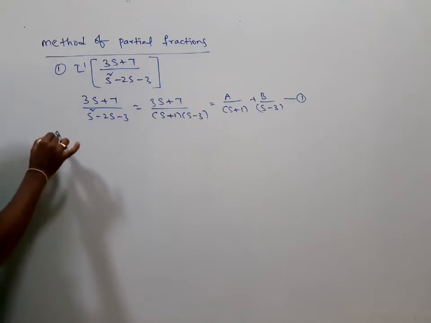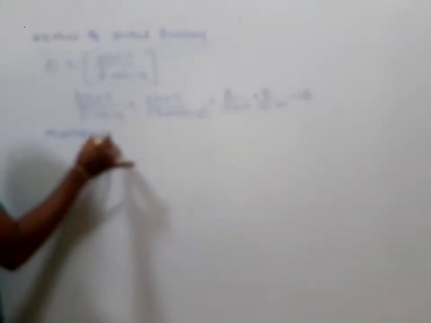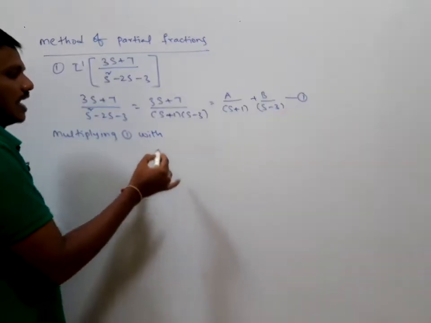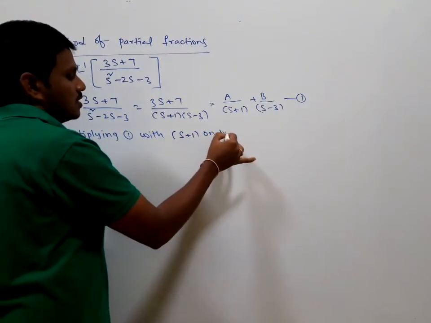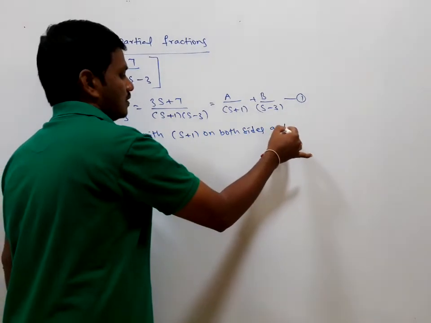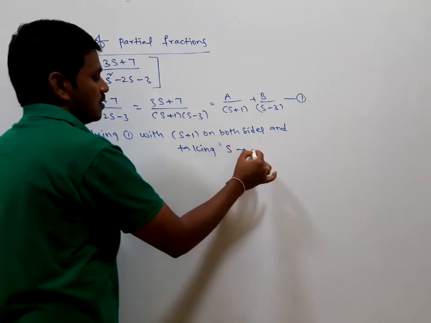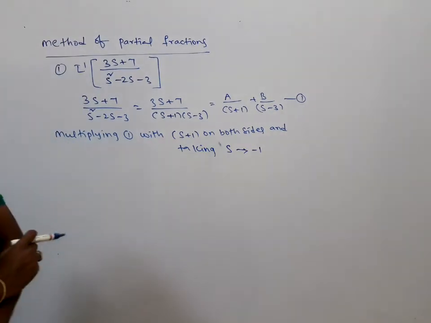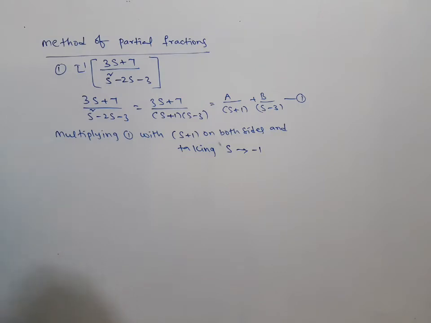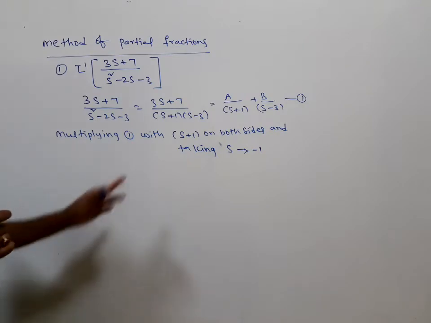Or directly, I am multiplying equation 1 with (s plus 1) on both sides and taking s tends to minus 1.